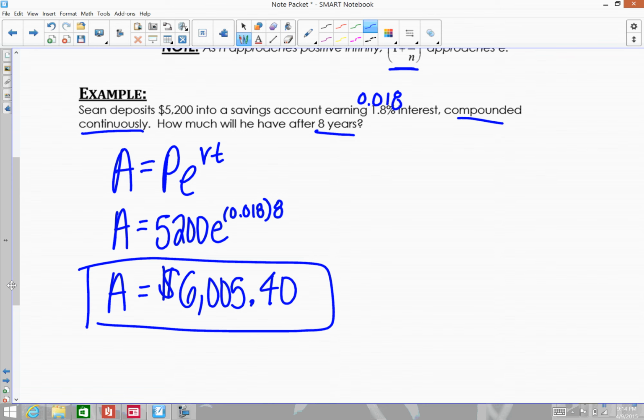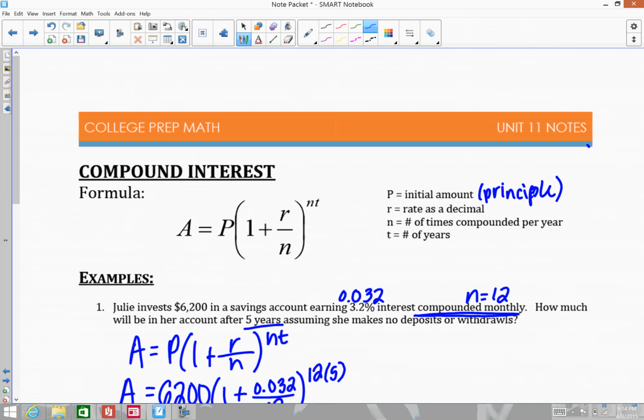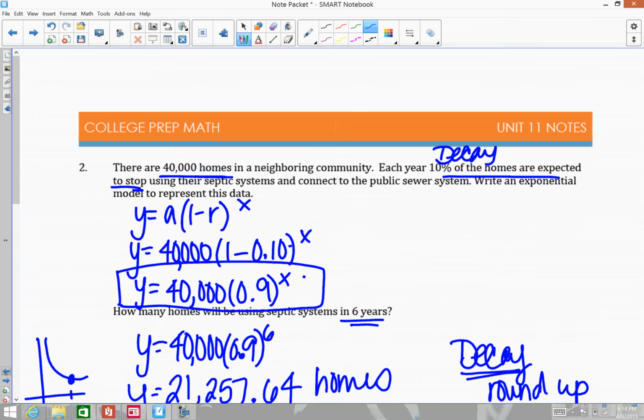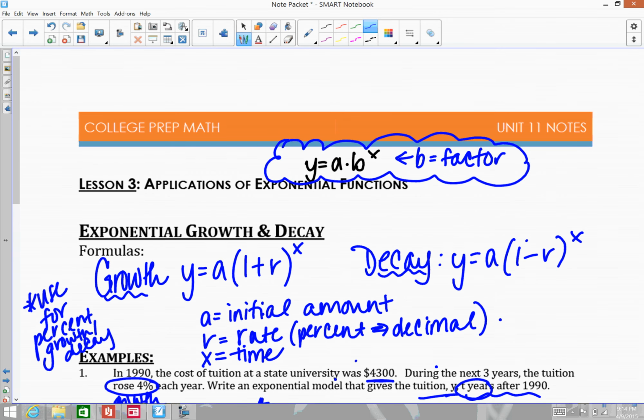Otherwise, if it's just growing or decaying by a certain percent, you use our common decay and growth formulas. So these formulas here. Or the last scenario is, well, if it just says that I have something that's doubling or getting half as big, it's talking about the factor, you basically just use the growth or decay formula, but instead of doing 1 plus that factor or 1 minus the factor, you just use the factor.